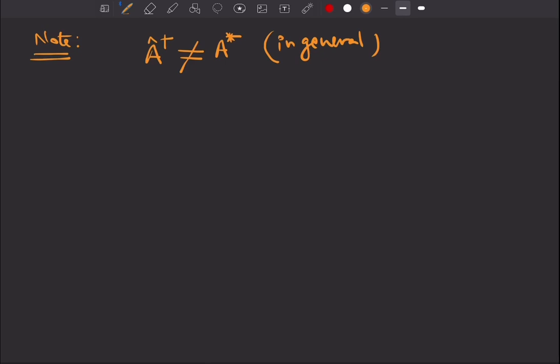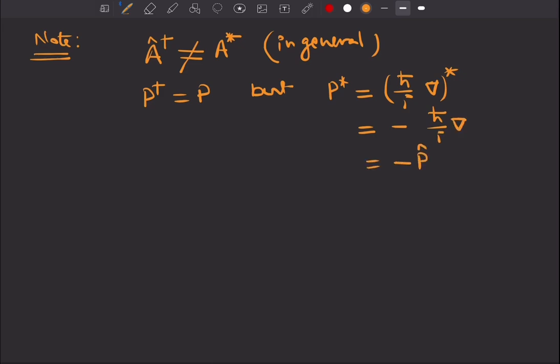That is, P dagger is equal to P, but P complex conjugate, which is h cross by i del complex conjugate, is equal to minus h cross by i del, that is equal to minus operator P. So we know that P is a Hermitian operator, but it is not equal to its complex conjugate.